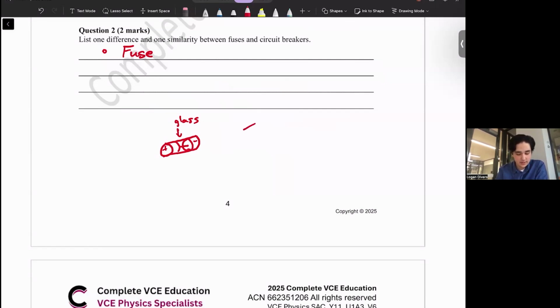Your household circuit breakers will very commonly have an appearance that looks sort of like this. You've got a switch, and it's attached to this block, and you have these big beefy terminals on the end that attach to your circuit breaker block. Say like off or something. When the current limit is breached on both of them, what happens? This one melts. This one switches to the off position.